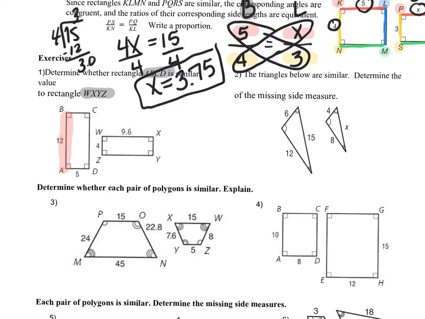And AB is going to match with WX. BC goes with XY. Too fast? Okay. And then YZ goes with CD. And then ZW goes with DA.